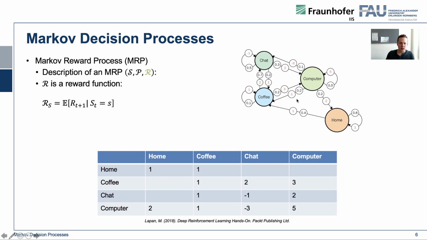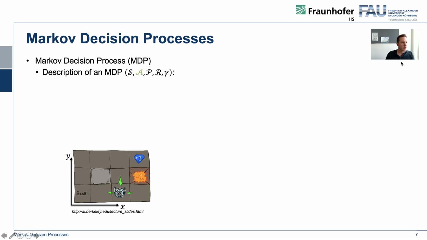You also might get a negative reward, for instance. If you're supposed to work at the computer and you go to the chat mode, you get a reward of -3. This is also encoded in here. Okay, so far we have a Markov process. The Markov process lets us define certain states and probabilities for transitioning between those states.